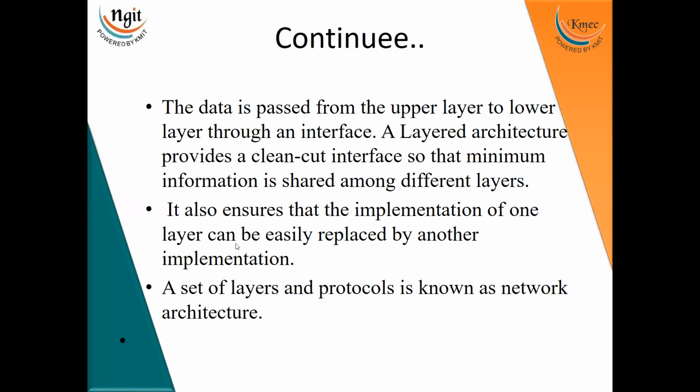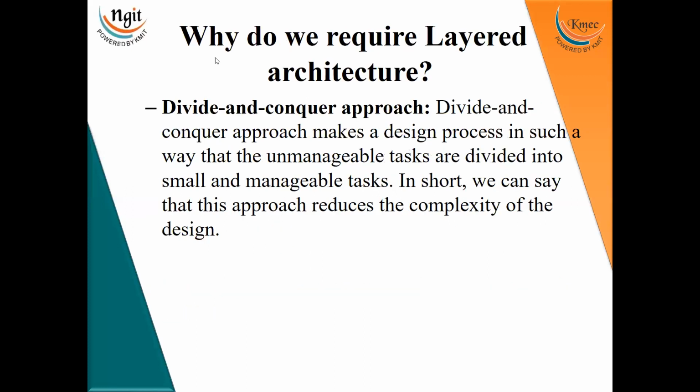It also ensures that the implementation of one layer can be easily replaced by another implementation. A set of layers and protocols is known as the network architecture. Why do we require this network architecture?